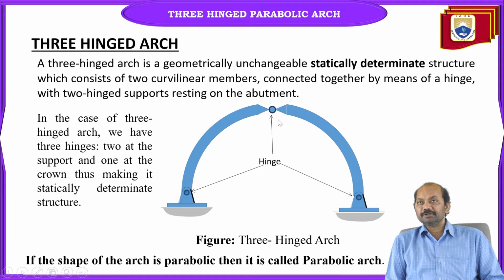The reason is that, due to the hinge, the bending moment at this hinge is 0. So we will get one extra equation to find out the unknown variables.